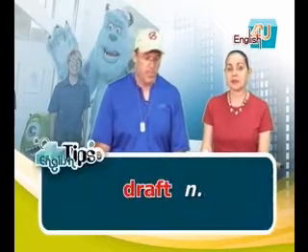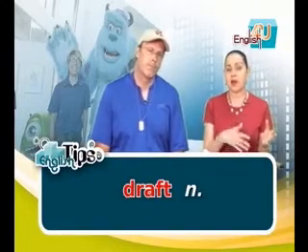A draft is simply the first form of a final project. If you have to write a report for school, the first time you write something up, it's not finished. There are probably errors in it. That's your first draft. You might write a second draft. These are digital, which simply means they're on computer.